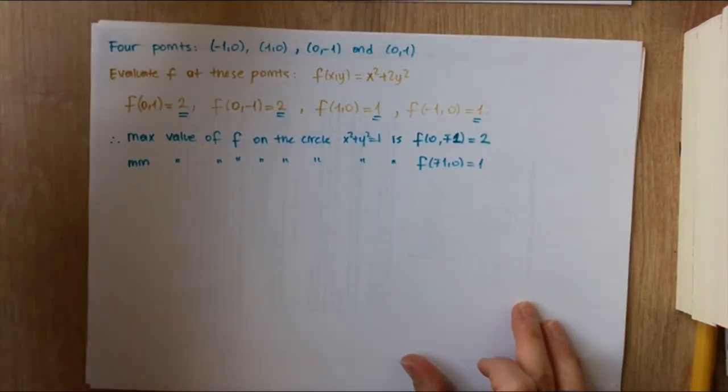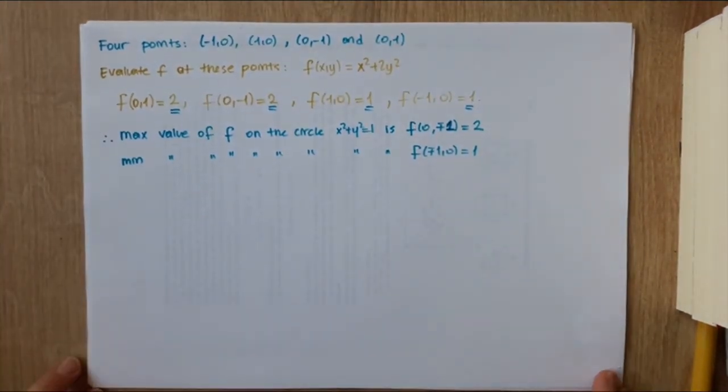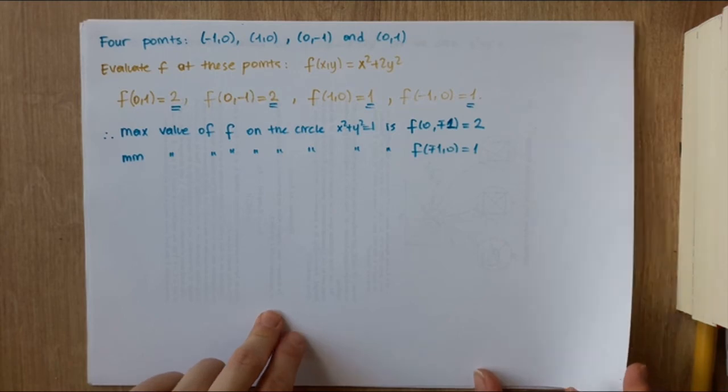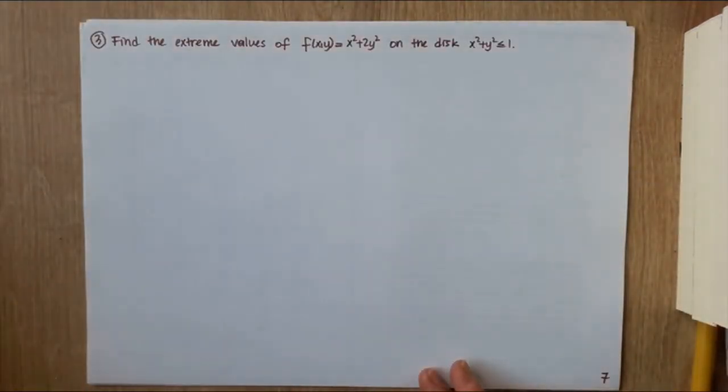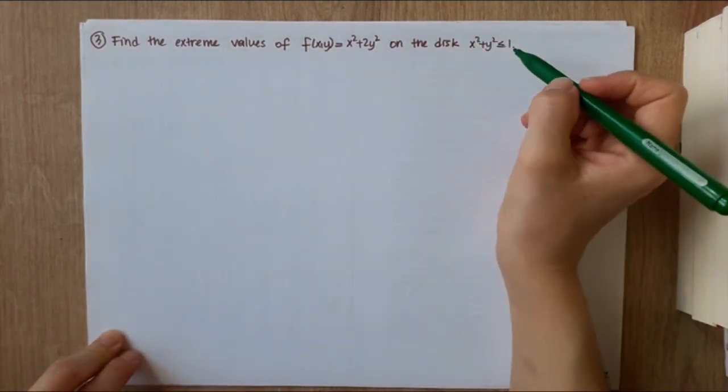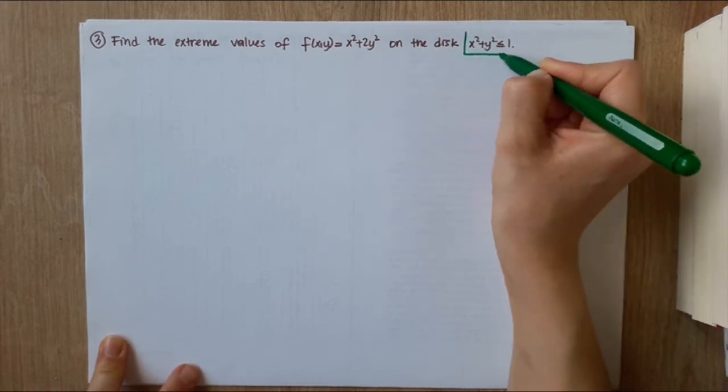Okay, let's continue with the next problem. In this problem, now we want to obtain the extreme values of the same function, but this time not on the circle but on the disk.